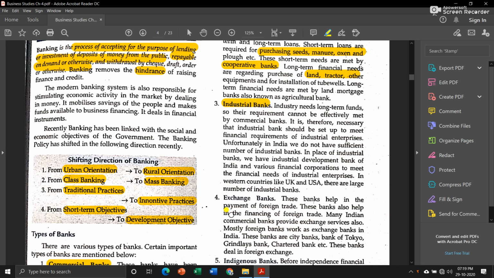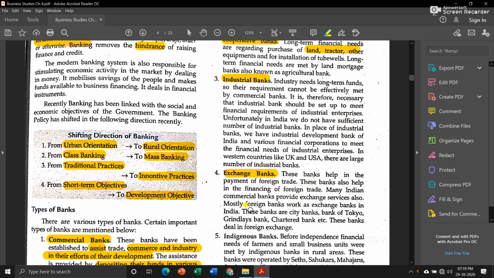Then next is exchange banks. These banks help in the payment of foreign trade. These banks also help in the financing of foreign trade.